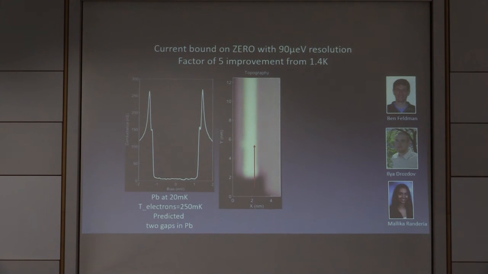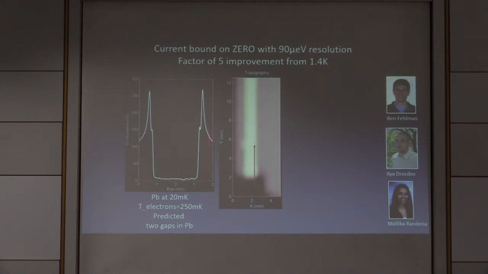With the last few slides, I want to advertise a little bit what has happened after I left Princeton. People there are continuing to work on these chains. One of the advancements is that now they can measure these chains in a different STM setup where they go to 250 millikelvin temperature, which is a factor of 5 improvement in resolution.